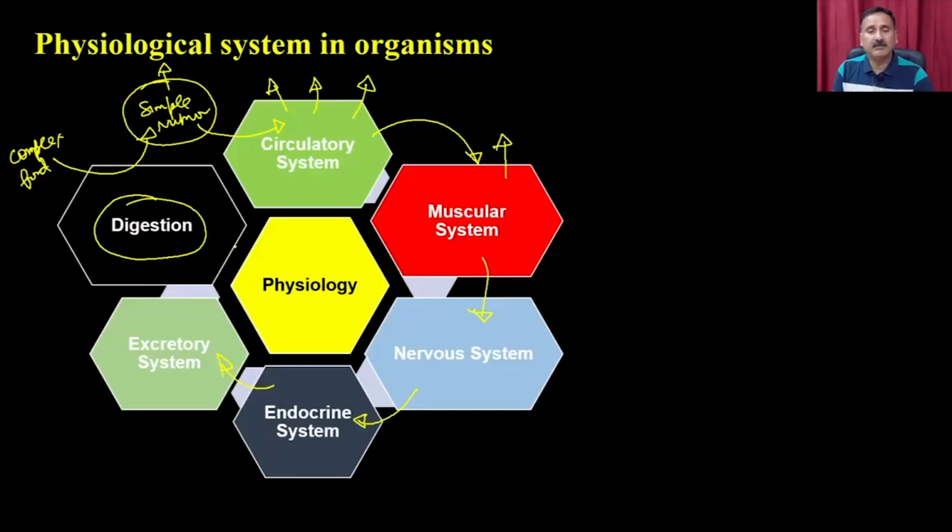So all these physiological processes are required for maintaining the constant internal environment, and they also help in running the different processes. And all these processes are totally controlled by enzymes. Whether you talk about digestion, which we are going to discuss in detail, there are different enzymes which break down the complex food into simple nutrition.